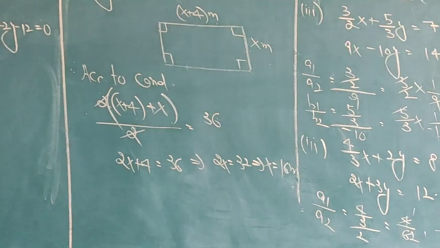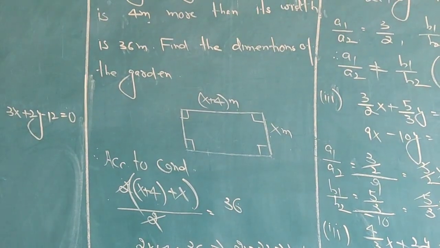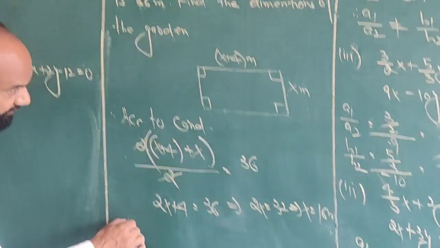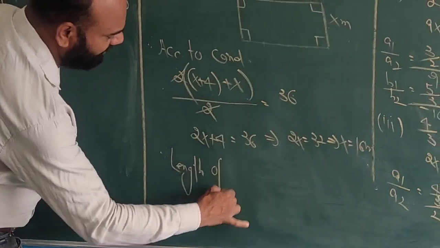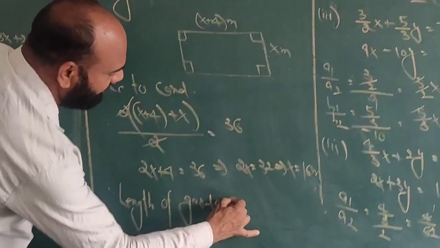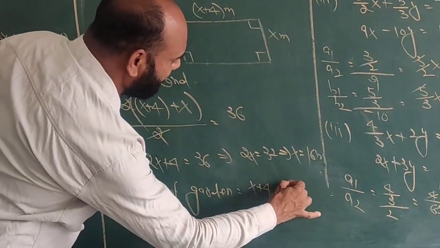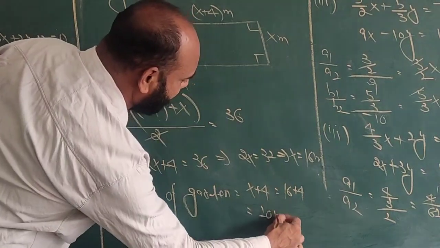And the question is, find the dimensions of the garden. Dimensions means find the length and width of the garden. Therefore, the length of the garden is equal to x plus 4, and the value of x is 16, plus 4, which is equal to 20 meter.